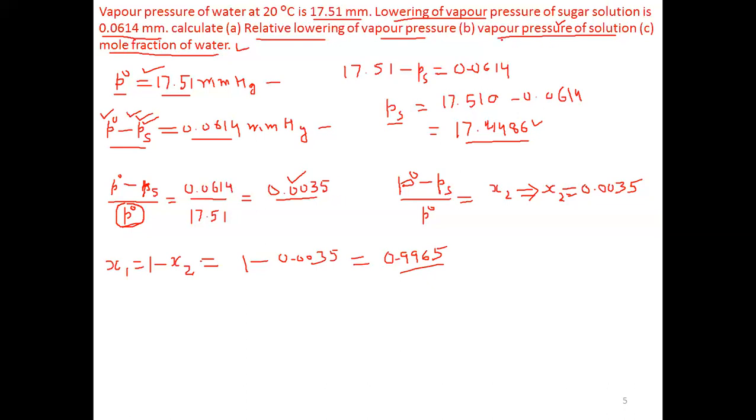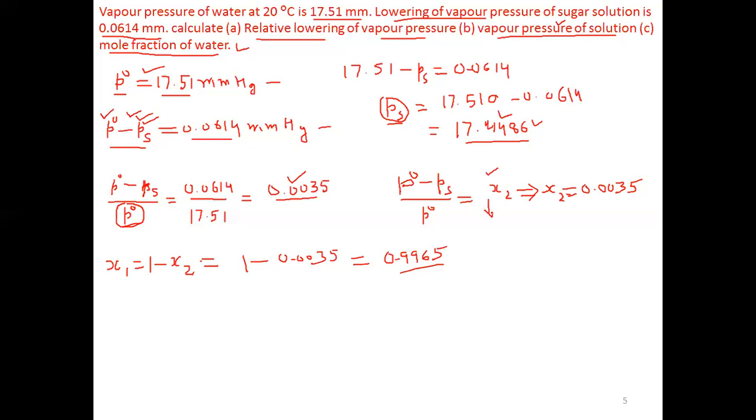Second thing was to calculate the vapor pressure of solution, Ps. We know P naught, we just had to put the value of P naught here. So we calculated Ps. It was 17.4486. Next thing was to calculate the mole fraction of water. This we calculated from the relation that relative lowering of vapor pressure is equal to the mole fraction of solute. This we have already proved with the help of Raoult's law in our previous lecture, so you can please consult that lecture.